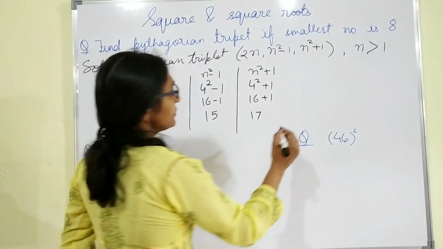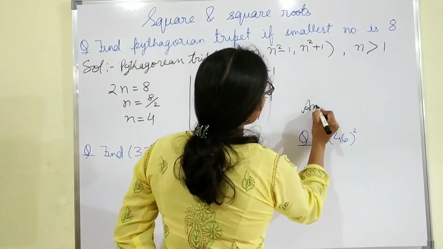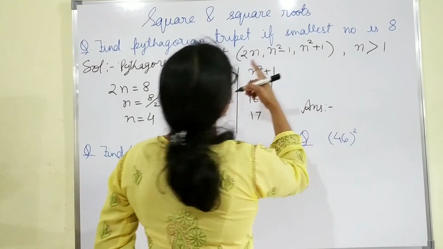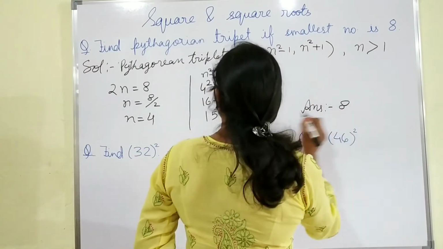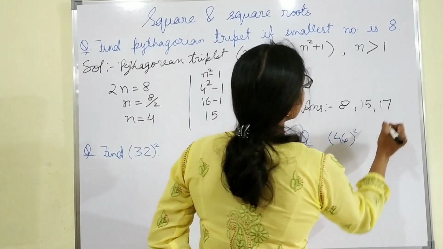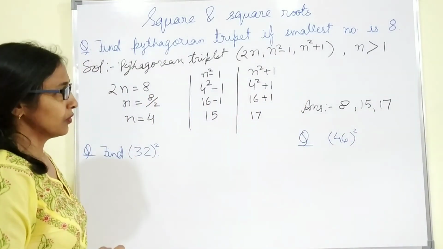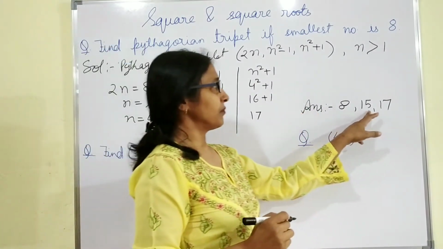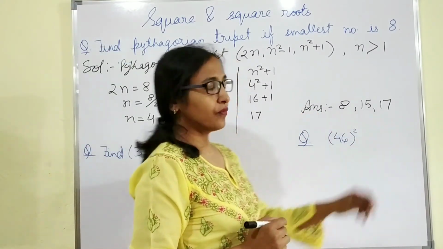So our answer is 8, 15 and 17. These three numbers are a Pythagorean triplet.